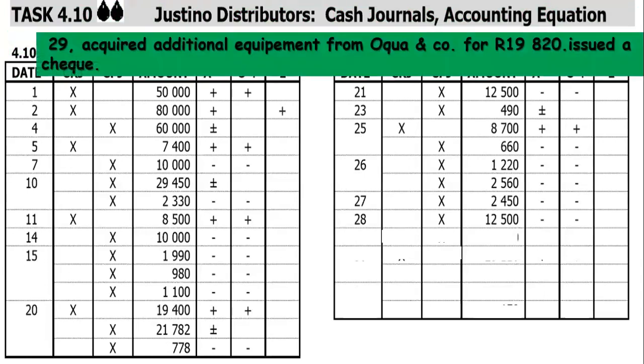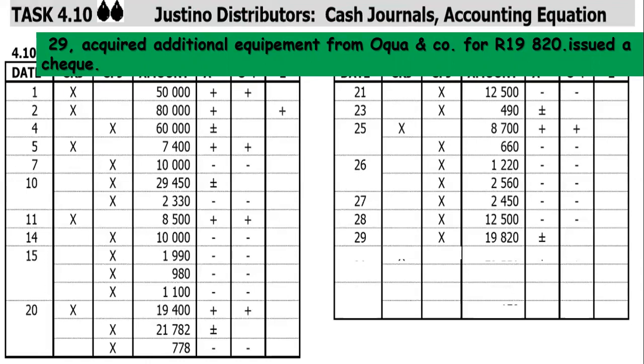Then on the 29th, acquired additional equipment from Aqua and Company for 19,820, issued a check. So basically, we have acquired an asset and we reduce our amount in the bank. So it's a plus and minus on the assets, no effect really on the accounting equation, right? And on the net worth.